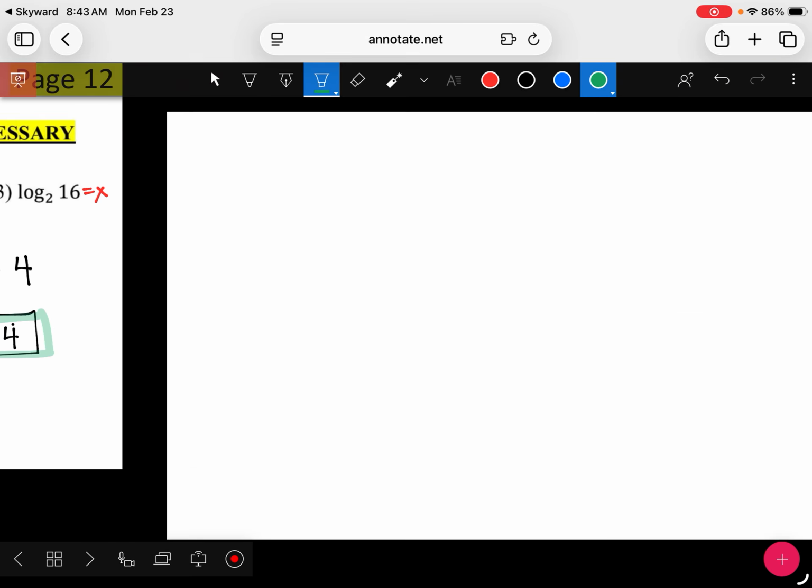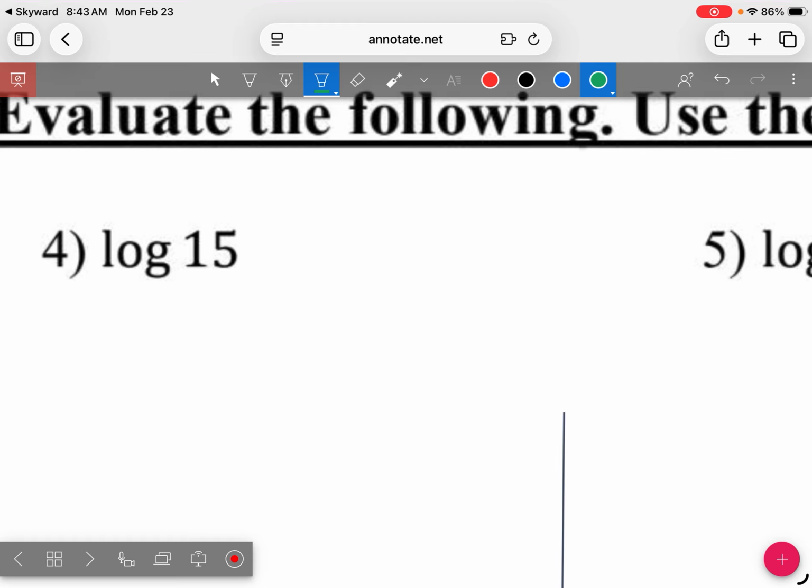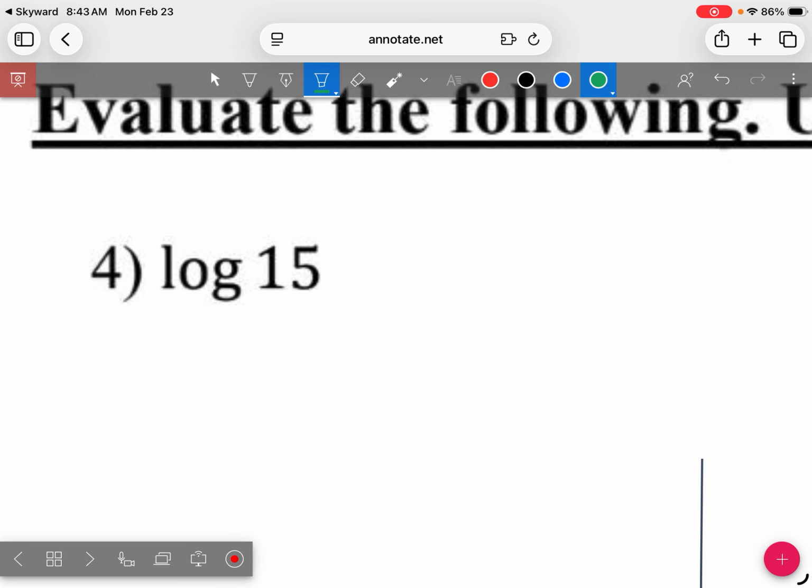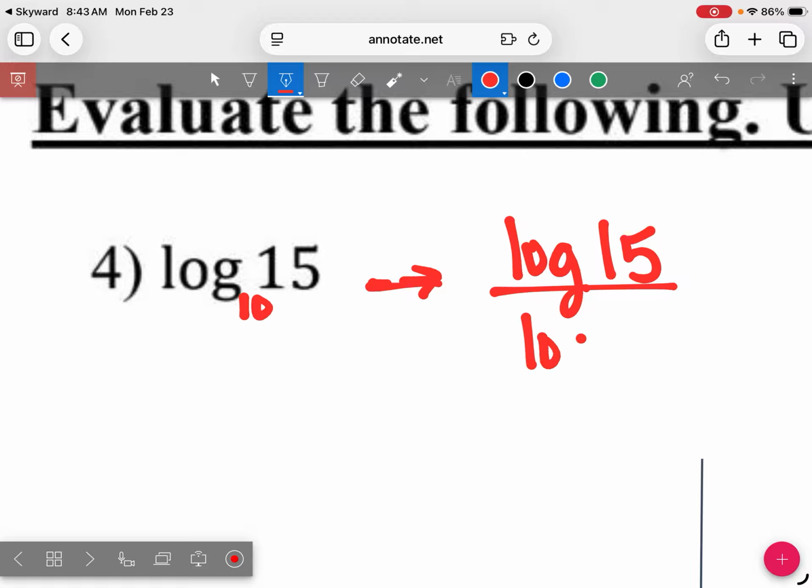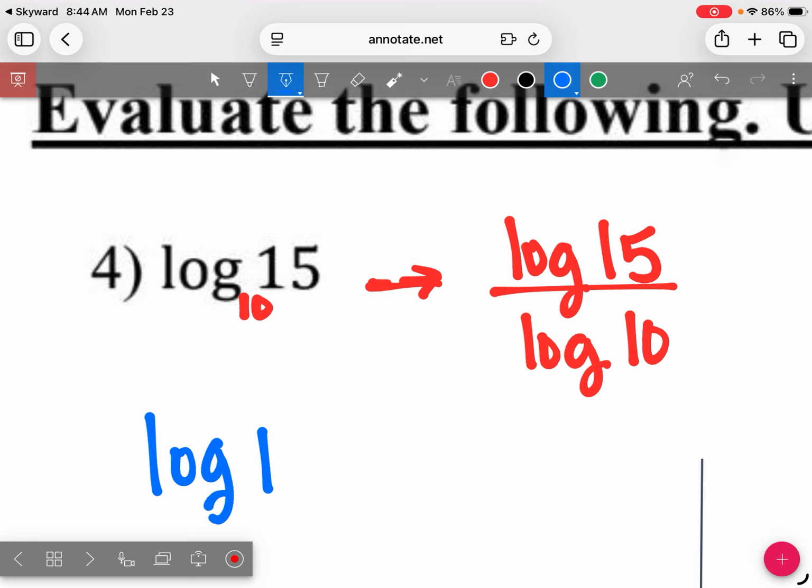So who remembers what the base of a common log is? What'd you say? 10. Okay, it's a base 10. So whenever your base is 10, you can type it in as log 15 divided by the log of 10. But because your calculator is base 10, you can actually just type in log of 15. You don't need to use the change of base if it's a common log.